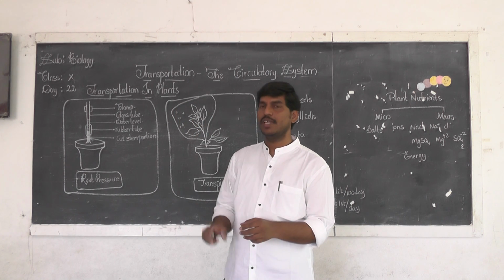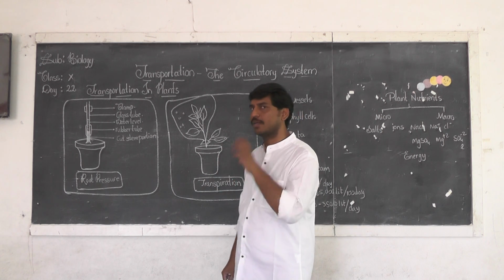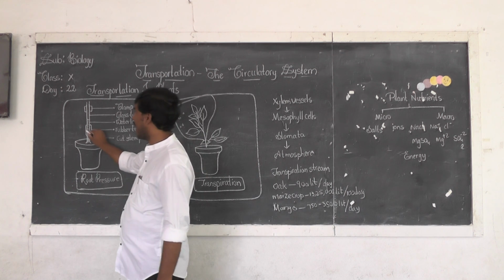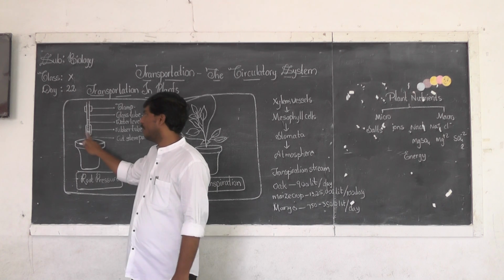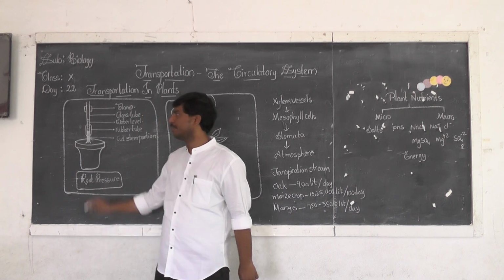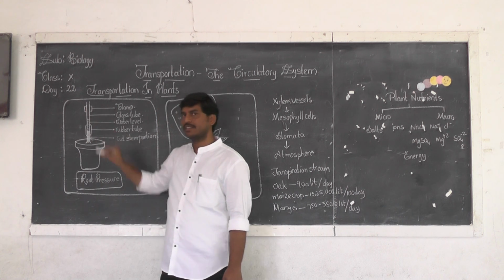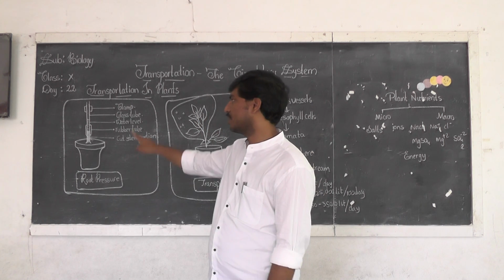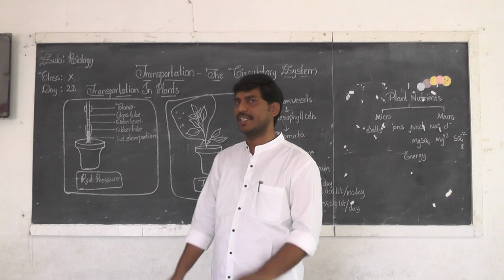Then we need to take a glass tube of equal diameter. We attach this transparent glass tube to the stem with the help of a rubber tube. Why? Because it should not slip.